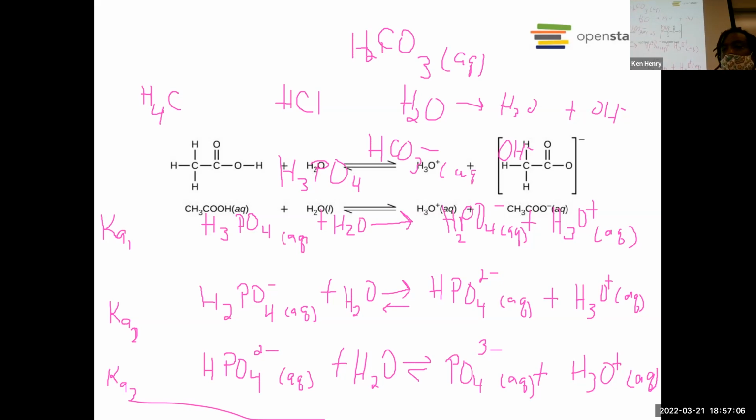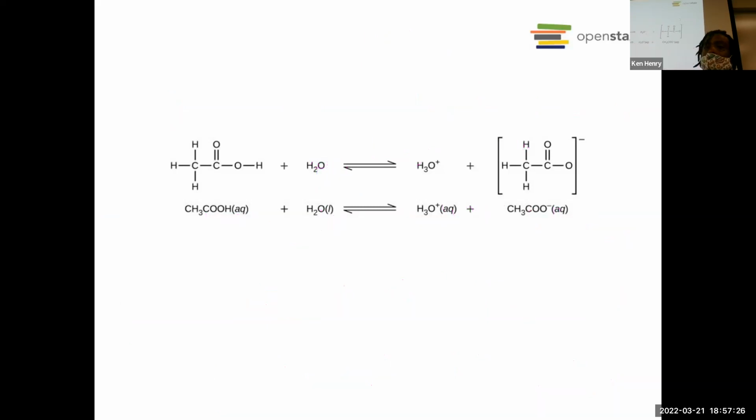Since you're talking about carbonic acid, let's assume that we have 0.3 molar of carbonic acid. Let me erase this so you guys can see something.